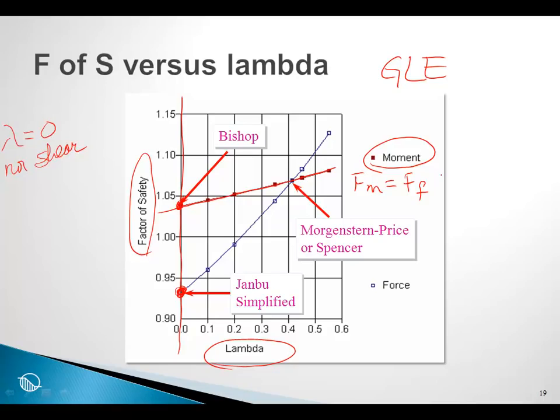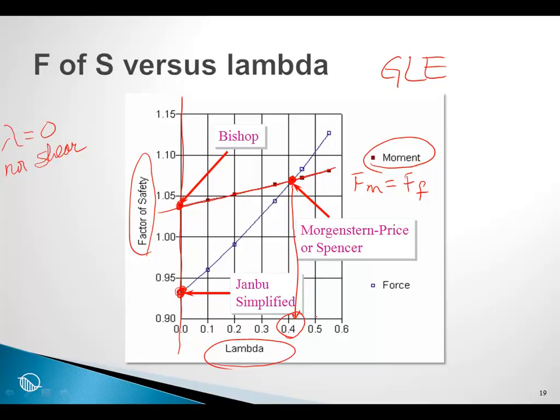In other words, some form of interslice shear was required. And where the two factors of safety are the same and we come down, this is the lambda value that is required to make the two factors of safety the same.